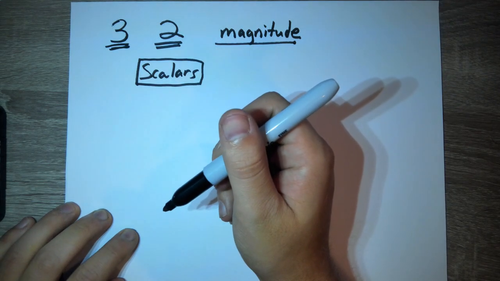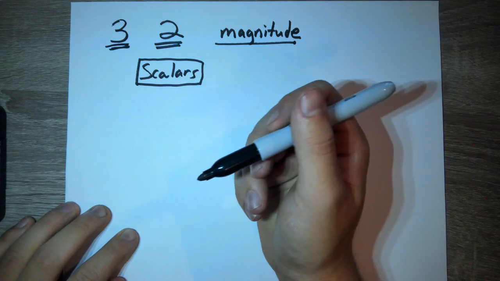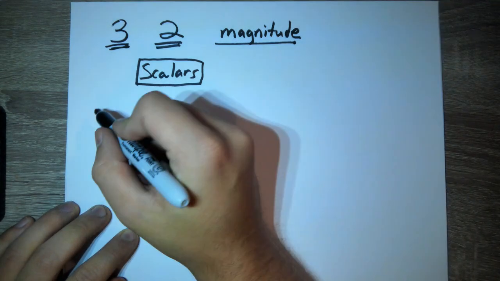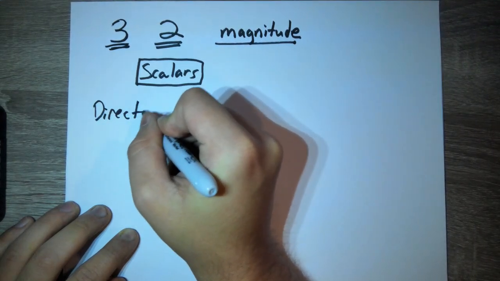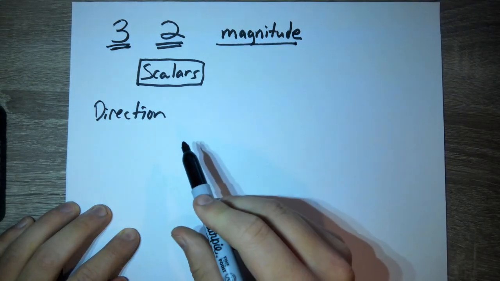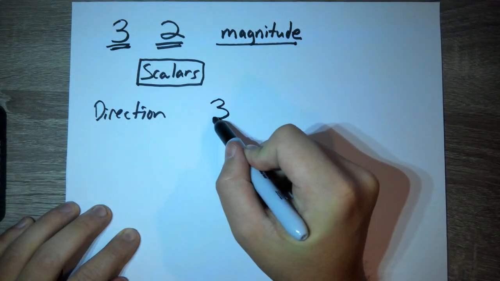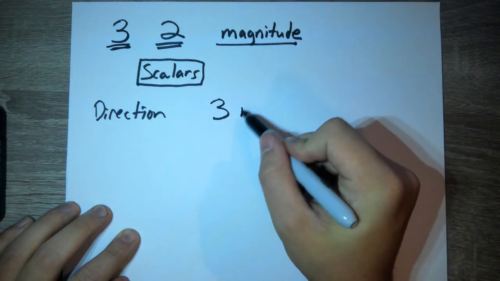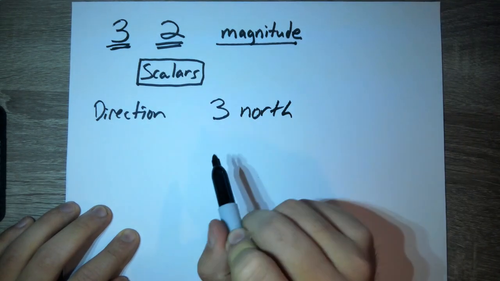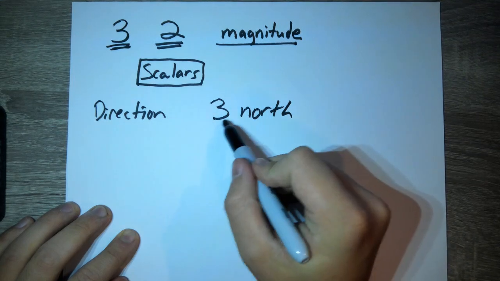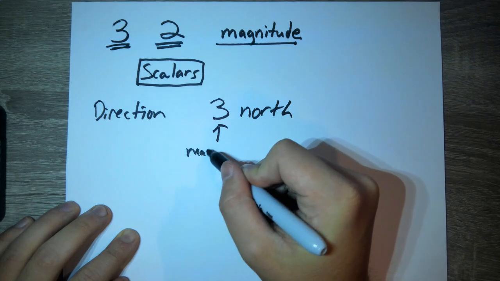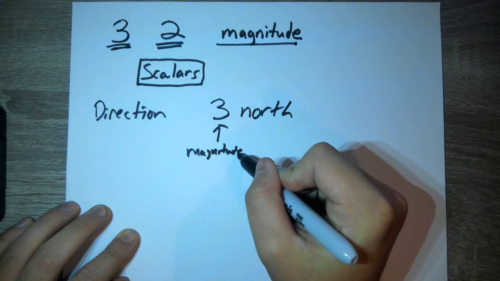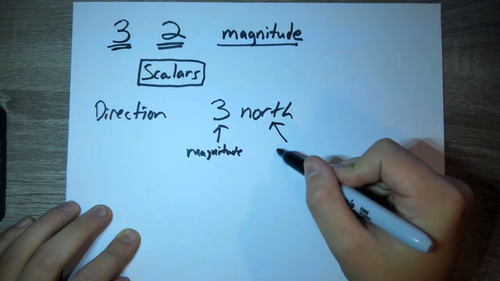But what if I told you that numbers can also have another component? Numbers can also have direction. So you could say 3, using that number, north. That doesn't really mean anything because we don't know what the 3 means, but we have a magnitude and a direction.